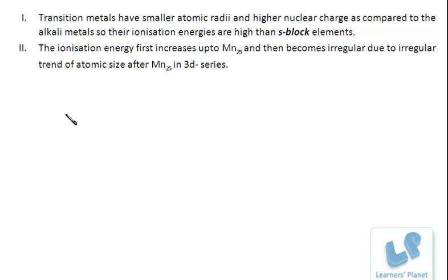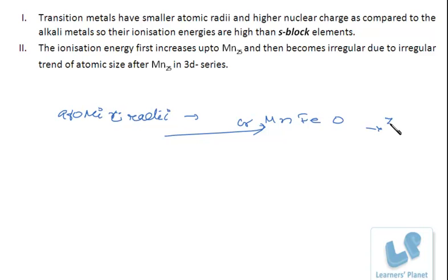See, we have discussed the trends in atomic radii. What happens? The size decreases till chromium. Then it becomes stable, right? Manganese, iron, cobalt, and then increases at zinc. Why so?